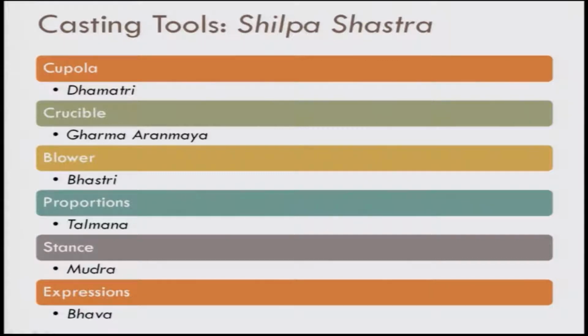Besides this there are several other kinds of tools, like tongs, that were used. But what is important for statue making is basically the proportions, or talamana, the stance, which we call mudra, and the expression, or bhava. These are very important and are a part of an art, and you should have a feeling for them to sculpt in such a way that you get a good statue.